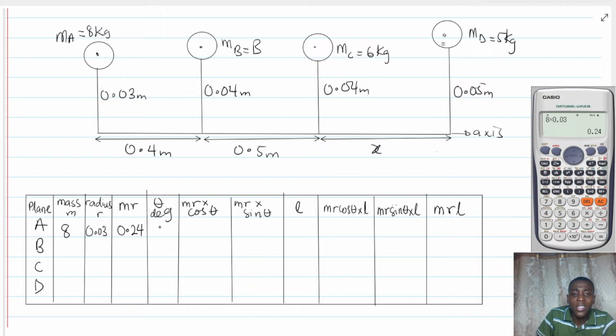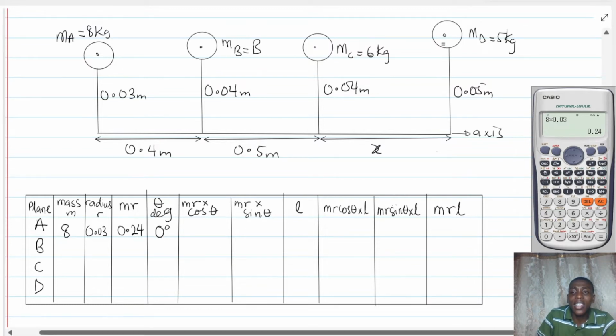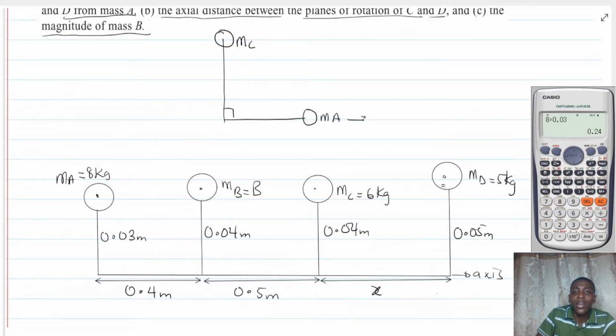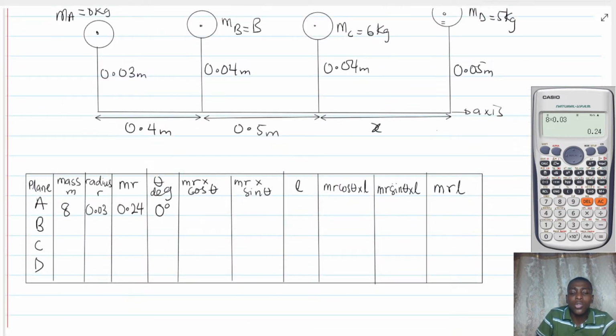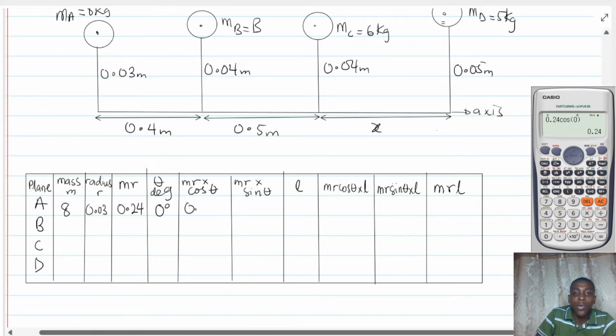Now, since the reference is going to be A, then we are assuming that A is on the positive x-axis, which is 0. Okay, so we want to do MR multiplied by cos theta. So MR was 0.24. So I'll multiply it by cosine 0. And since cos 0 is 1, it's going to be the same thing, which is 0.24 for this one.